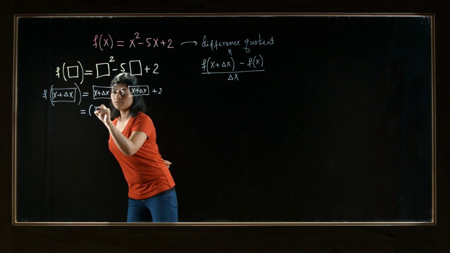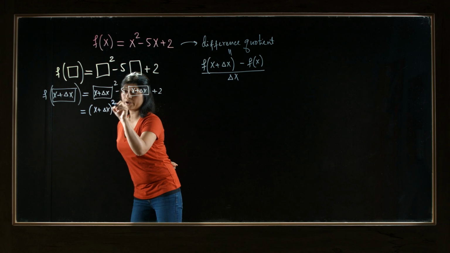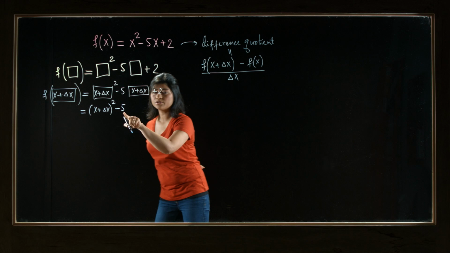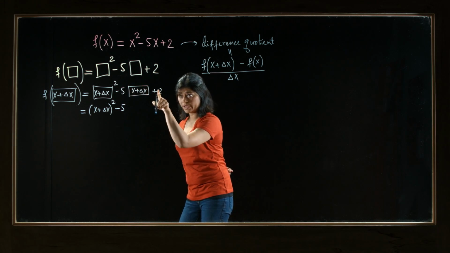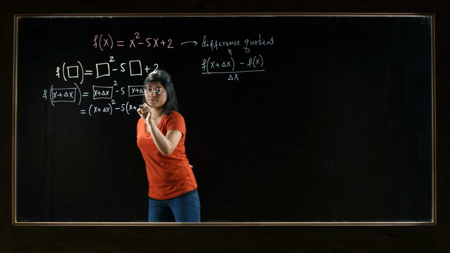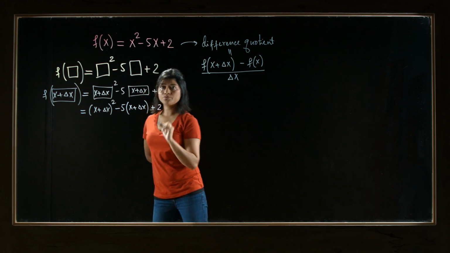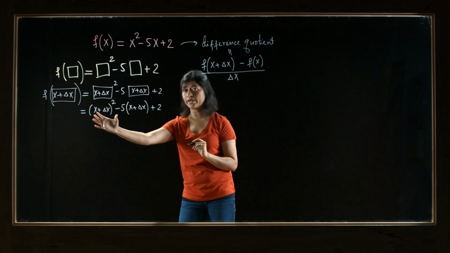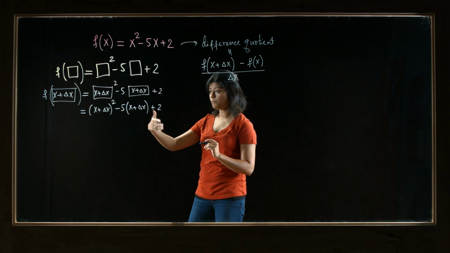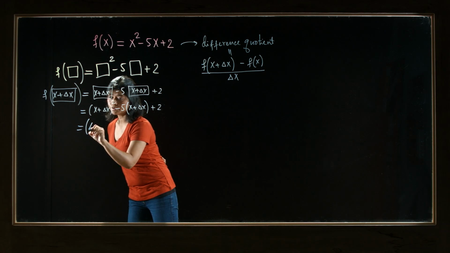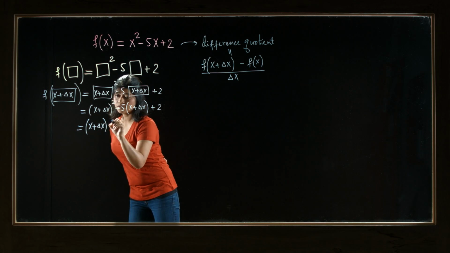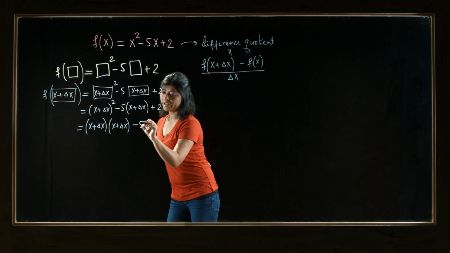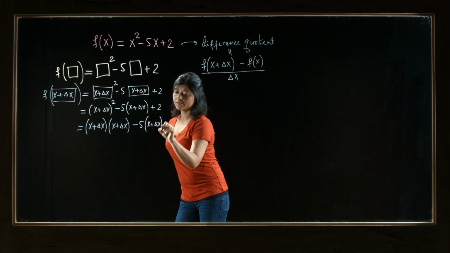Remember, this is the entire thing squared, the entire x plus delta x squared. Also, in the second expression, the negative 5 is multiplied to the entire x plus delta x, and then you have plus 2. In order to simplify, we have to expand the square term, and you can use FOIL. So you can write it as x plus delta x times x plus delta x, and then here you have minus 5 times x plus delta x, and then plus 2.